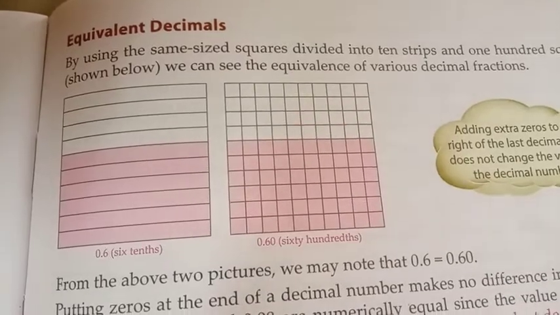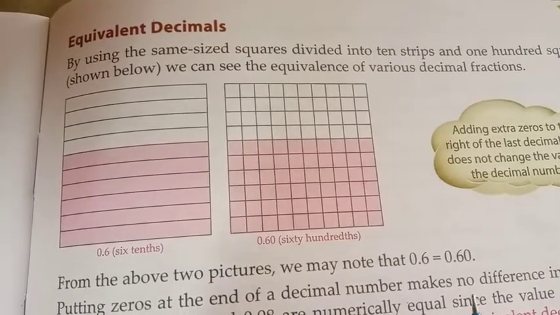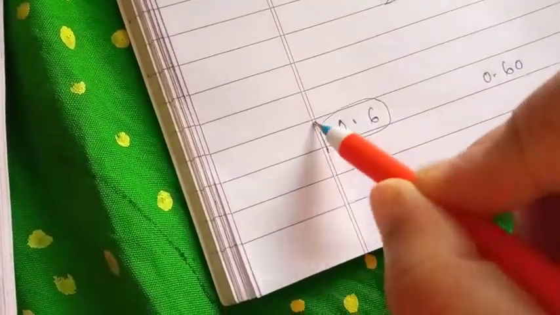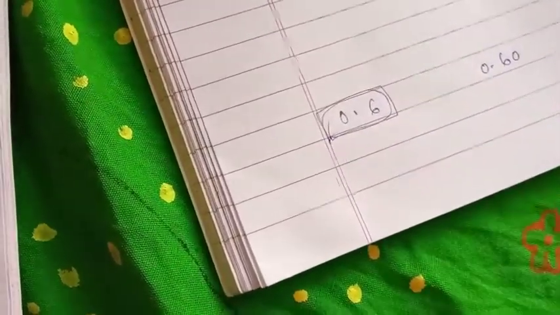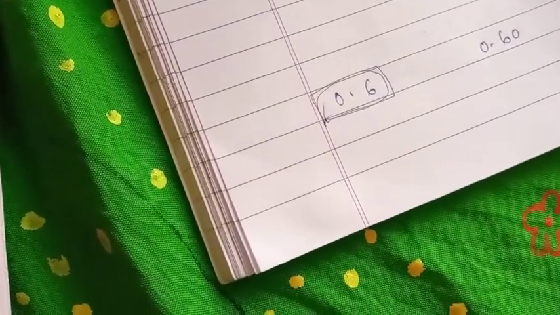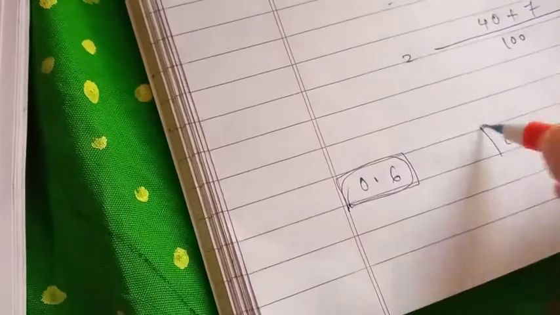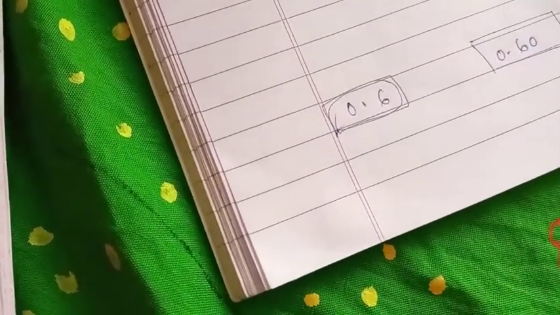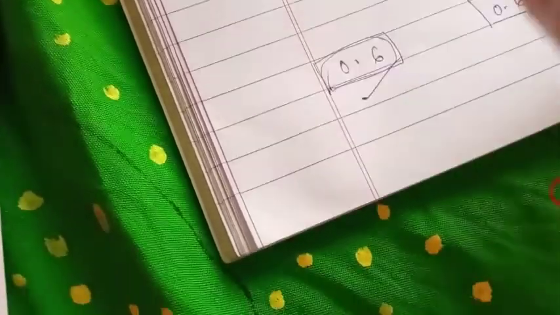If I write 0.6 and another one 0.60, this is actually 6 tenths. This is the part of the square divided into 10 strips, and this is the same sized square, but divided into 100 squares.